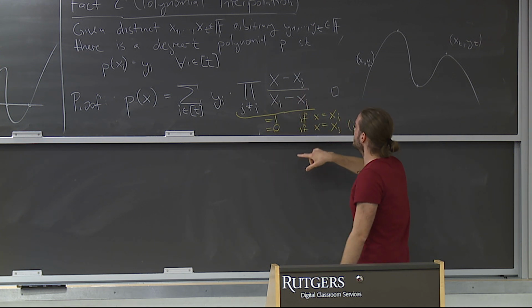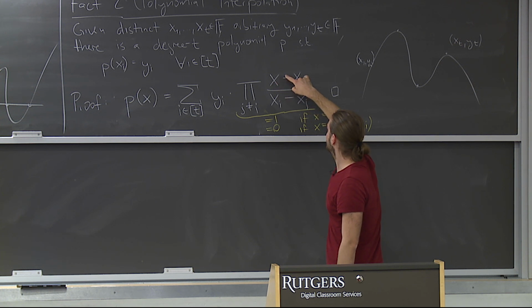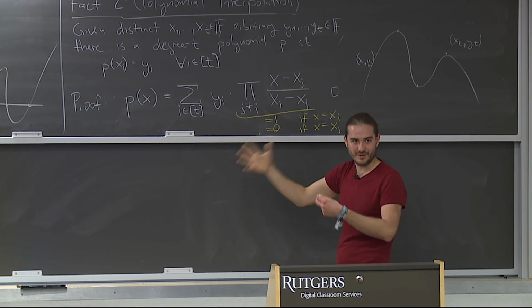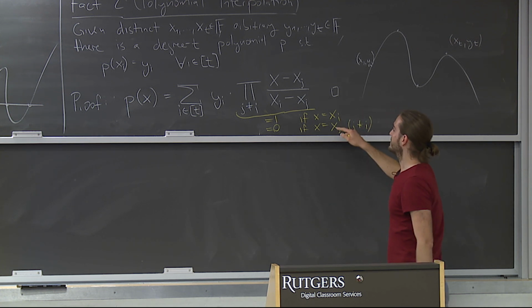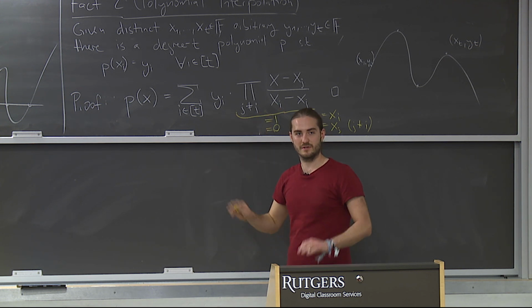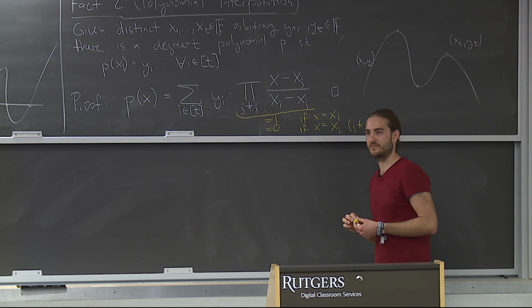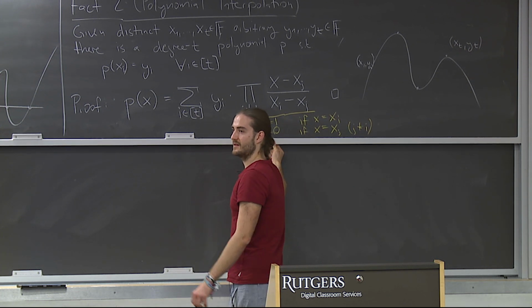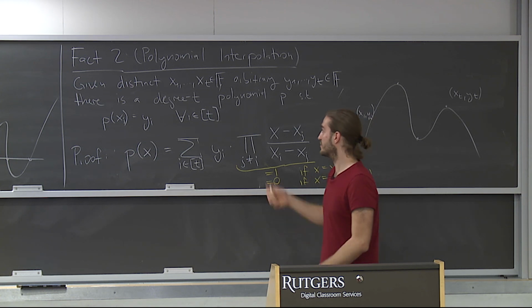Only in the ith term, all these entries in the product will evaluate to 1. Okay? Which means that only the term yi remains. All the other ones are killed. So the output really is yi. Okay? Good. Polynomial interpolation. Works over any field.